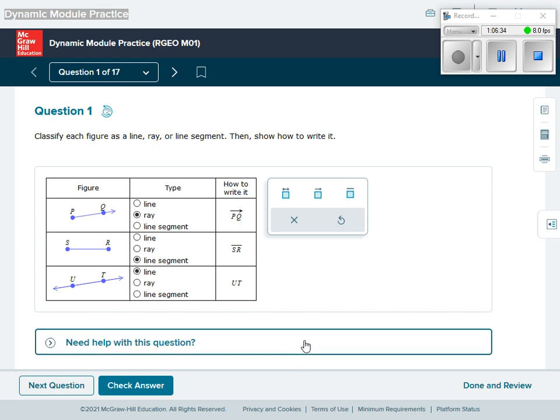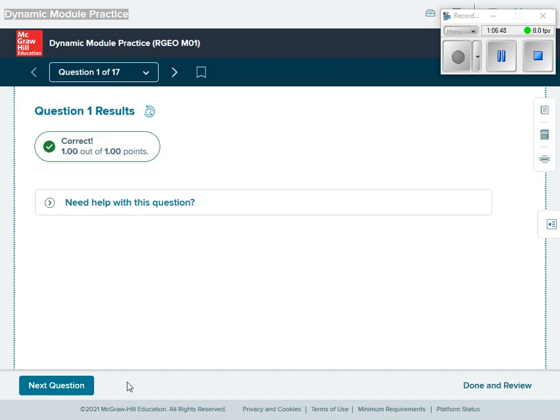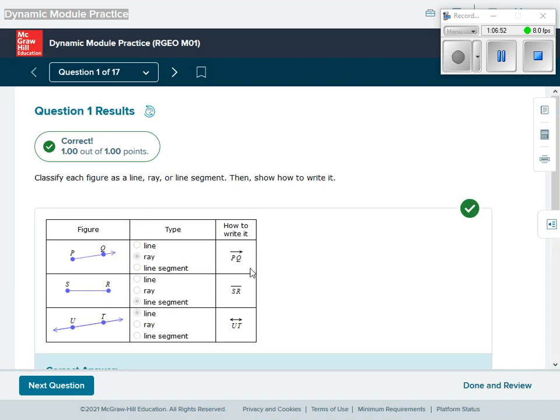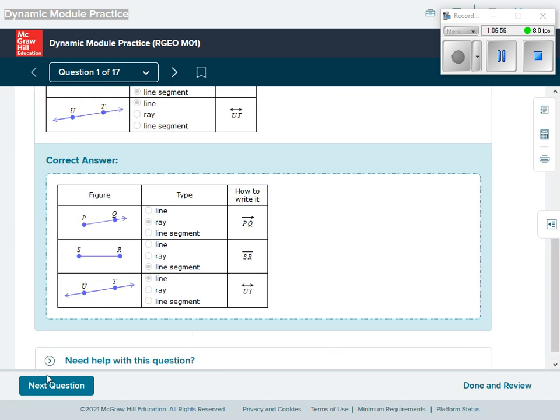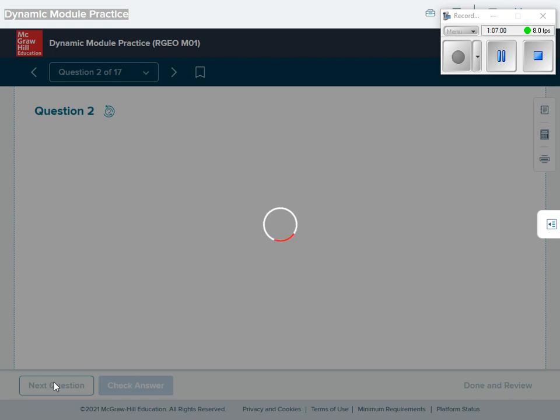UT. First symbol. If I can click on it, it won't let me. Okay. Then you can hit check answer. Woohoo! Got it correct. Then guess where you go? Next question.